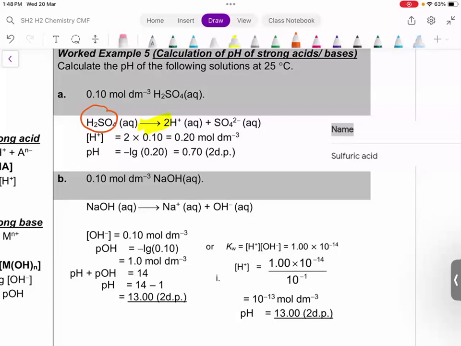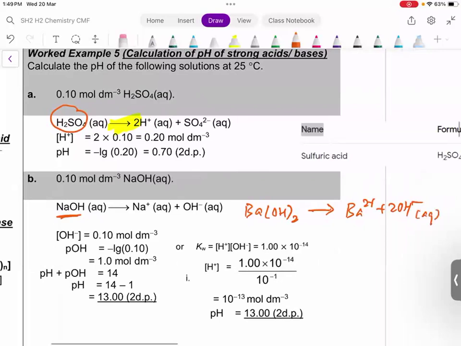In this case, this one is 1:1. But if you look at barium hydroxide, then it will be 2 mole. This one is also a strong base. It will be 2 mole. There's no Kb given, so it implies strong base. Same idea.